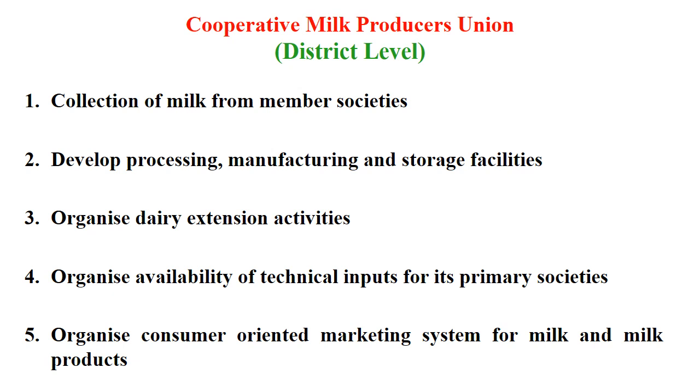Fourth is to organize availability of technical inputs for its primary societies. So this district union supports technical inputs, maybe for vaccination, healthcare, breeding or feeding, scientific technical support. And finally, it organizes a consumer oriented marketing system for milk and milk products. So this district union also helps in proper marketing in a systematic way for the consumers.